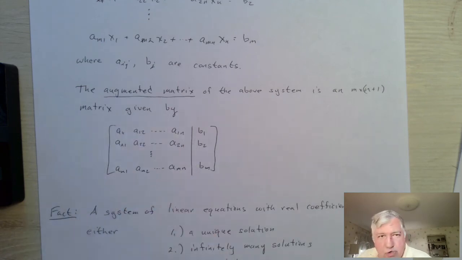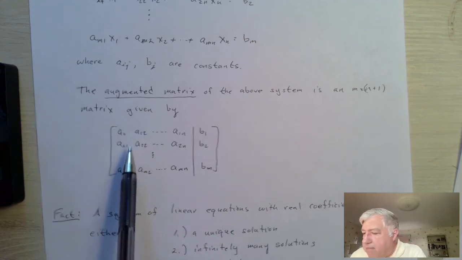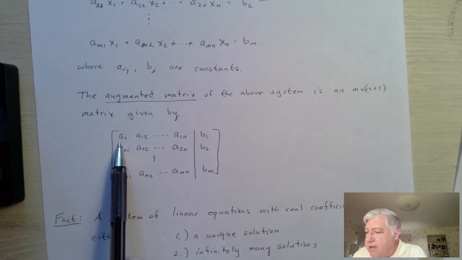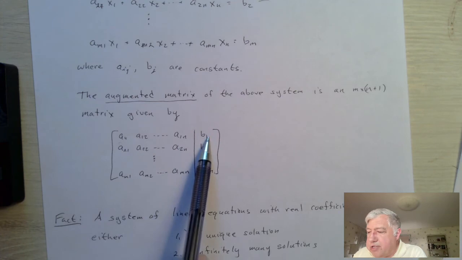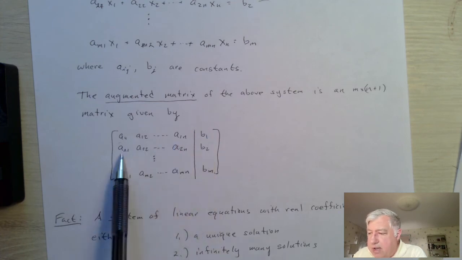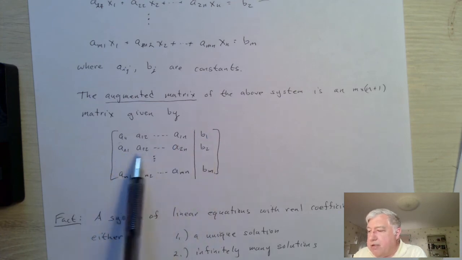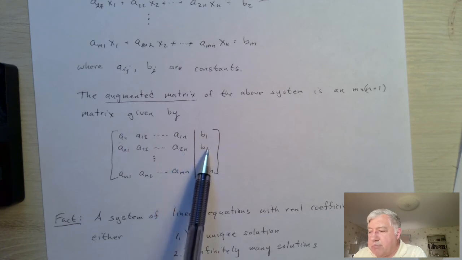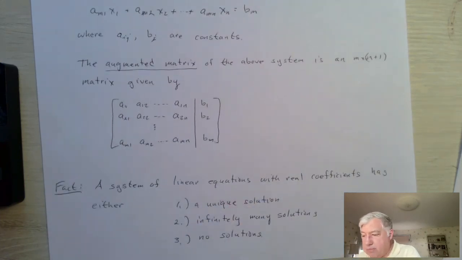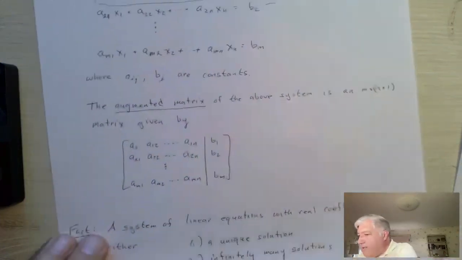A matrix, of course, is a rectangular array of numbers. And in this case, for the augmented matrix, we just take the coefficients of the first equation with the constant. And then the second row is the coefficients of the second equation plus the constant, and so on. Okay. So every system will have one.